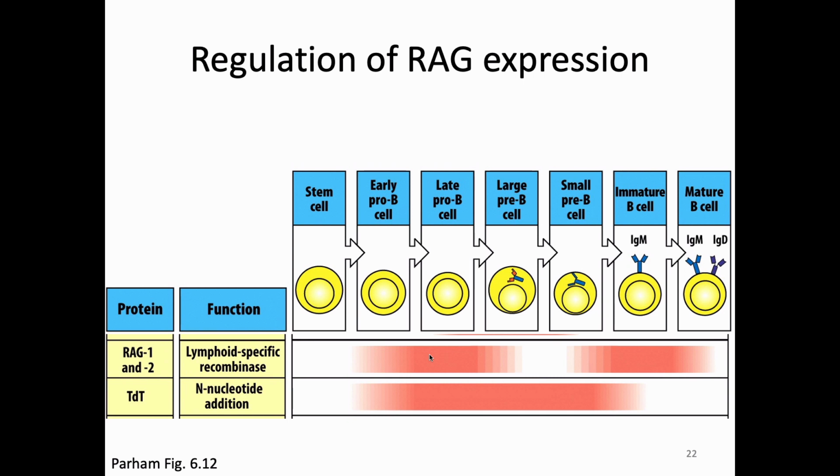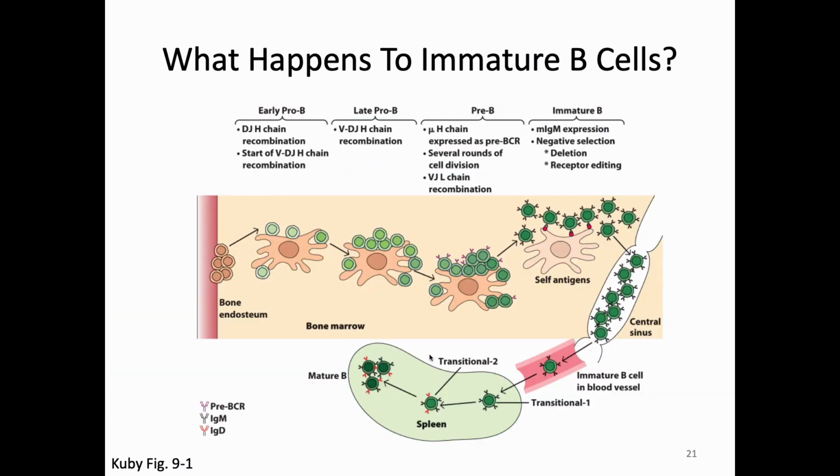And so those are the first two. You can actually see that on this figure from your textbook here. Our B cell coming out of the bone marrow is just making IgM, which is shown in black. By the time it's a mature B cell, it is making both IgM in black and IgD in red.